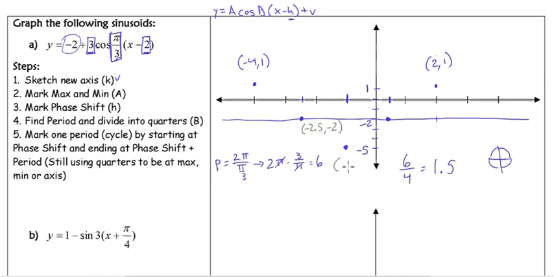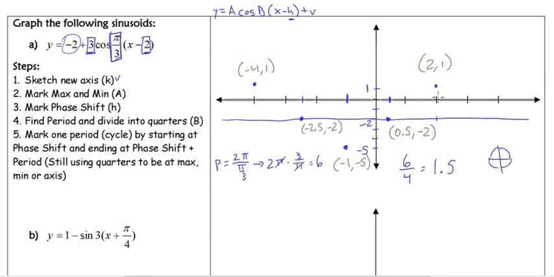Here we've got -1, comma, -5. This point here is 0.5, comma, let's see, what's our y value? -2. And then we're back to 2, 1. And again, this point over here was -4, 1.